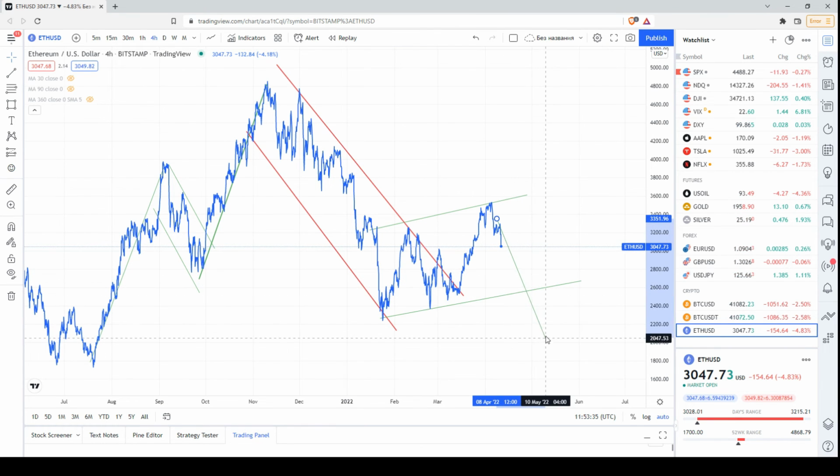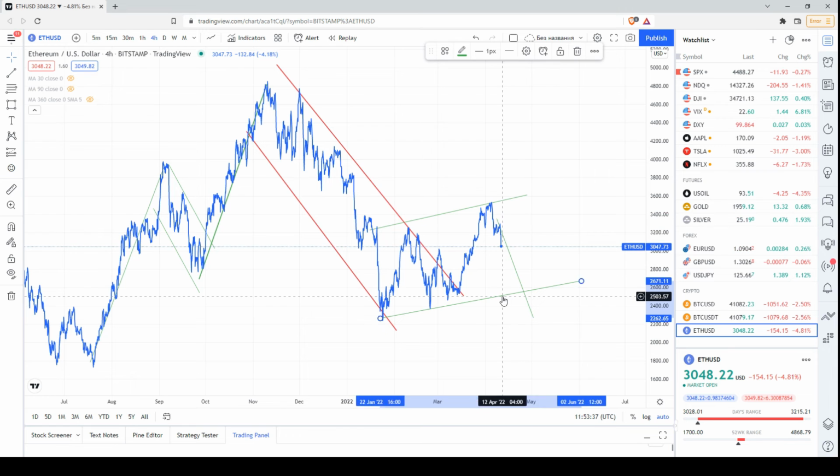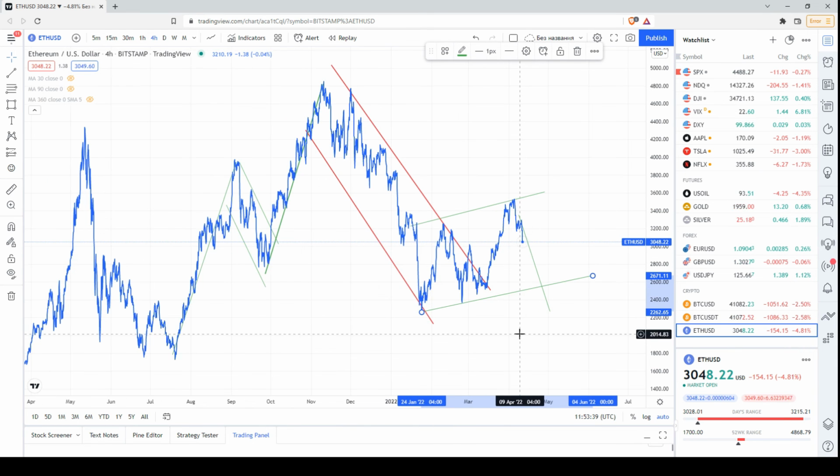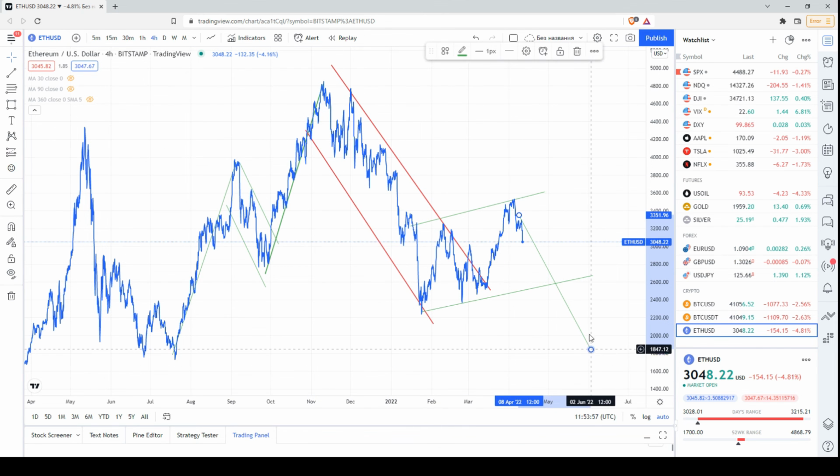But of course, if the price drops below, let's say, the lower line of this channel, this will be a bearish signal, because it may turn out that we have an inverted flag here, or a bearish flag, and this is just the correction, or actually the contra movement. So we have a downtrend, we have a contra movement, and then a renewal of the downtrend.